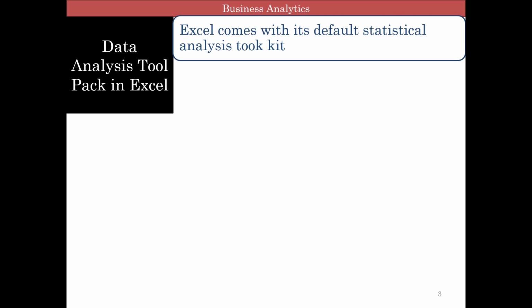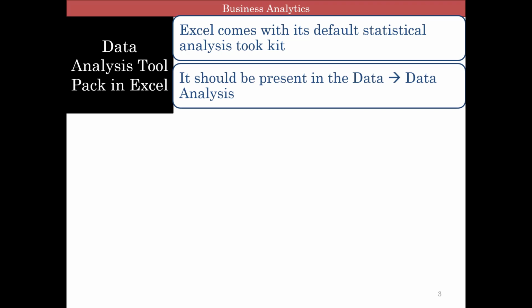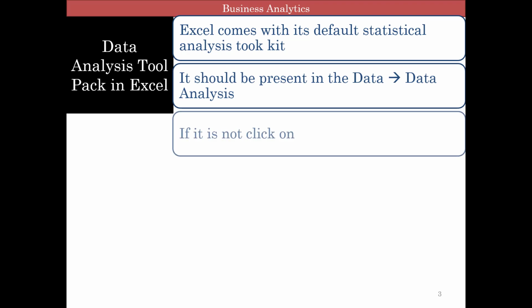Now, before we get into the details of how to do the test, it's very important for us to look at Excel and make sure that you have installed the data analysis tool pack in Excel for you to access some of the functions in Excel. So Excel comes with its own default statistical analysis toolkit, and it should be present in data analysis.